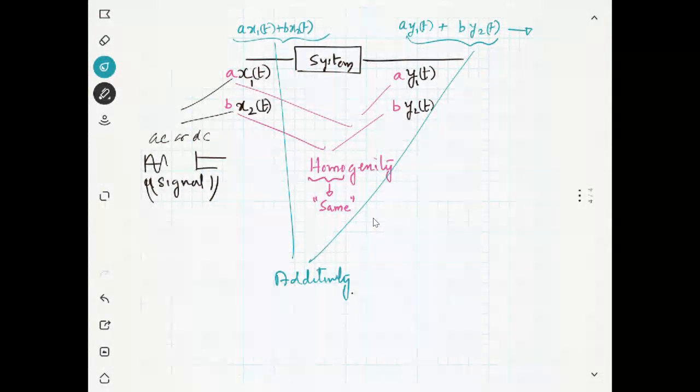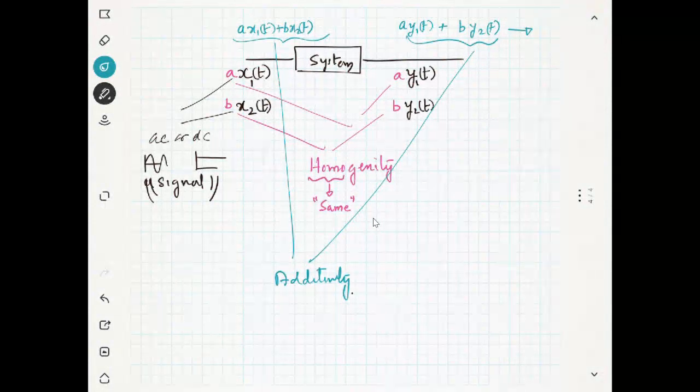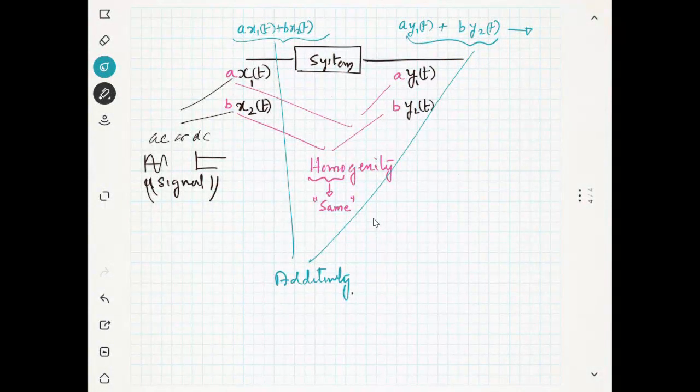So that's the reason why it is not applicable in a nonlinear system. Why? Here I am not talking about the superposition theorem, I am talking about the linear system. In this linear system, only superposition is applicable.